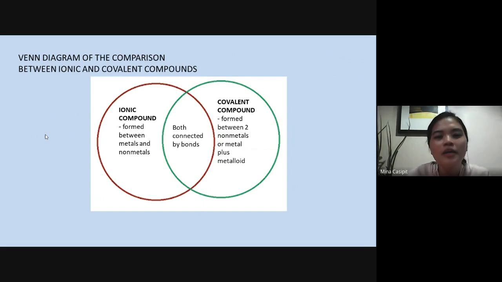We have the ionic bond, and for covalent naman compound, it is connected by covalent bond. Another information, yung ionic compound po, it is a transfer of valence electron. Kasi magkaiba po sila. We have metal plus non-metal. May transfer po. May isa na nag-gain, may isa na nag-lose ng electron. And when we have this covalent, they share valence electron. Okay?